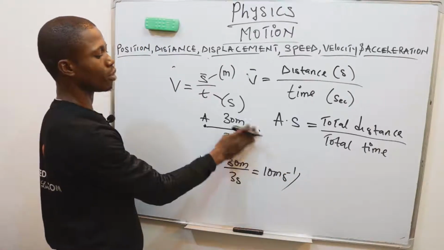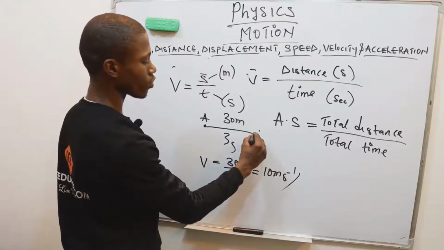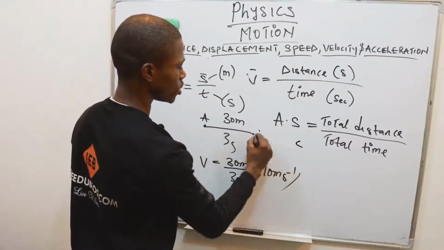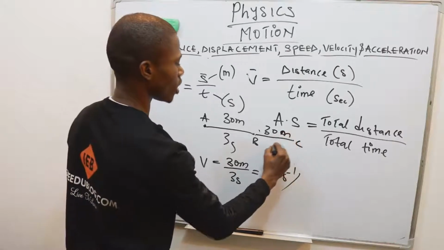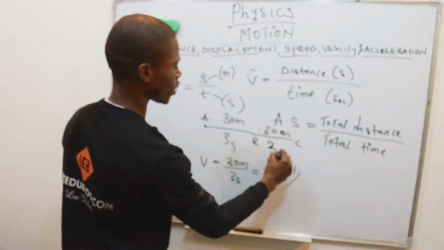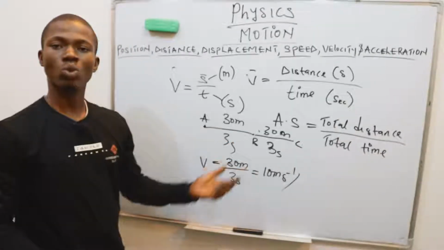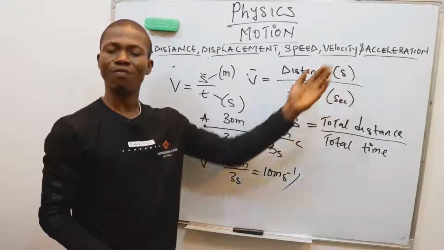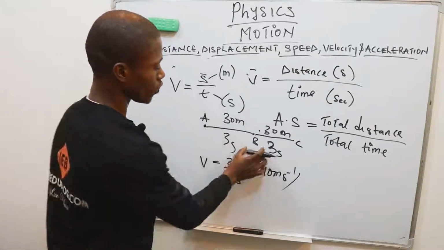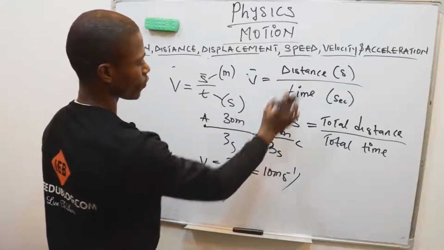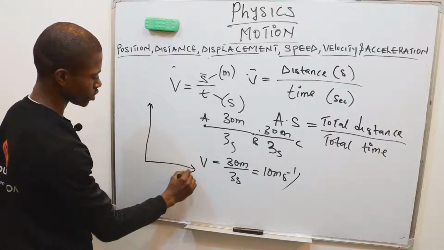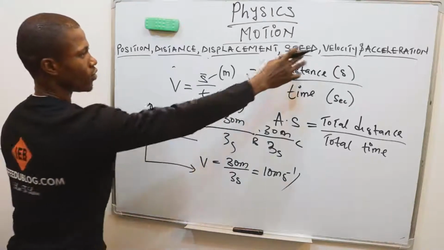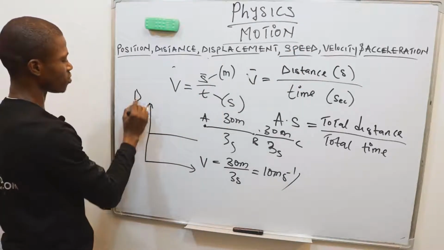And if this body again moves from here to another point C with equal displacement in an equal interval of time, this is what we call uniform velocity. The graph of uniform velocity goes like this. Here will be our displacement.